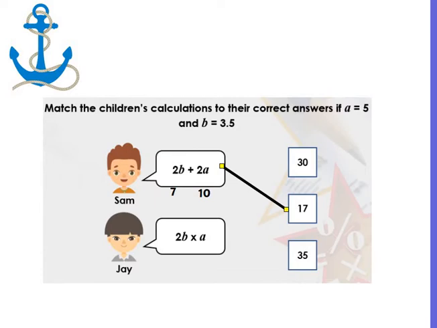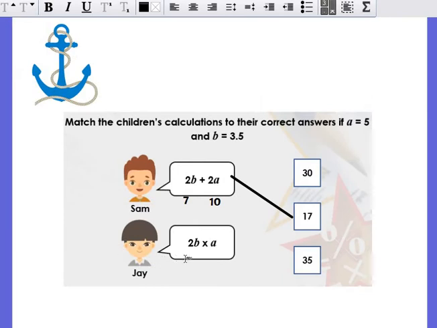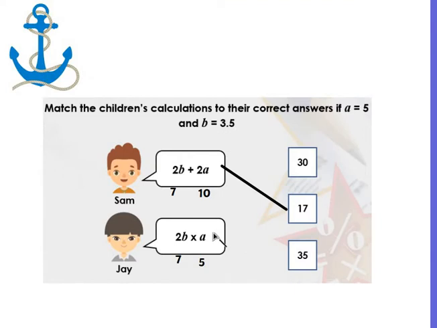Again here, 2b times a. Well, 2b we know is 7, and we're timesing it by 5. So 7 times 5 we know is 35. So 2b times a equals 35.